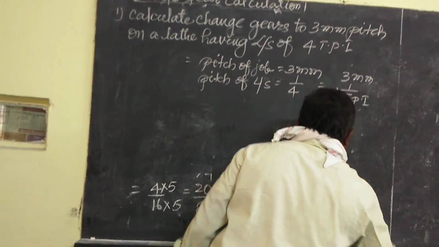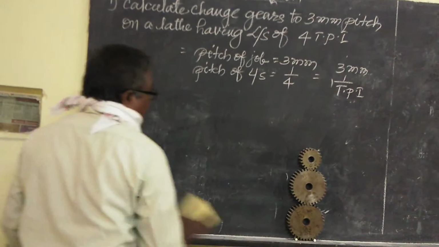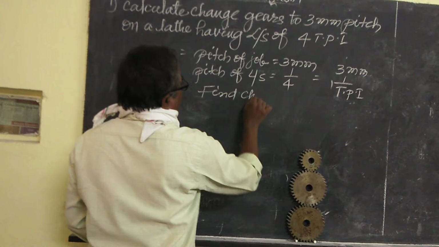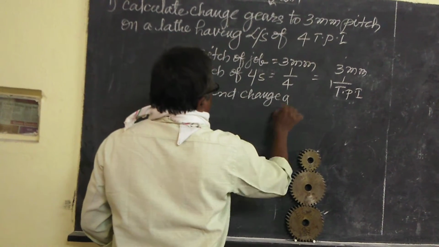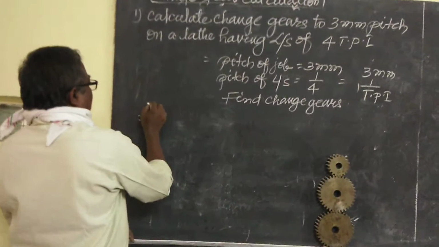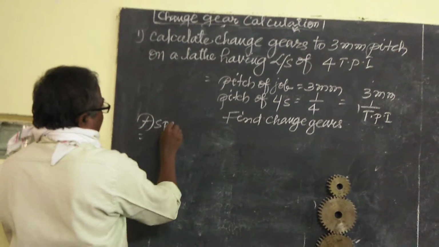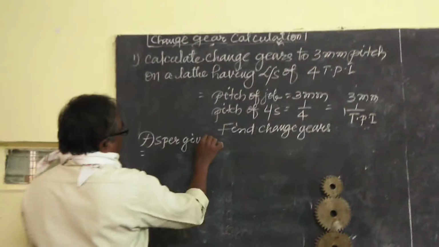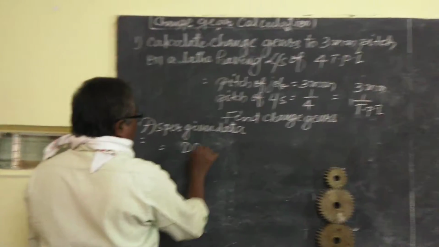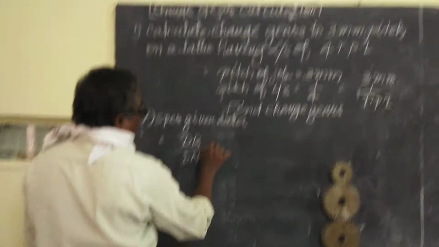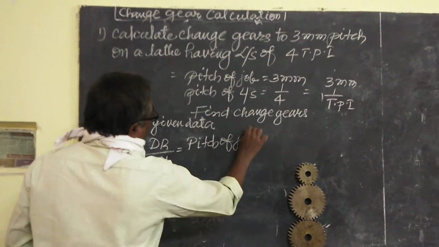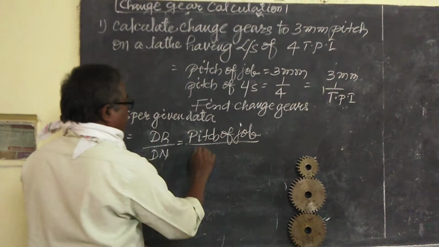Now we are going to find the change gears. In this case, as per the given data, driver by driven equals pitch of job by pitch of lead screw.